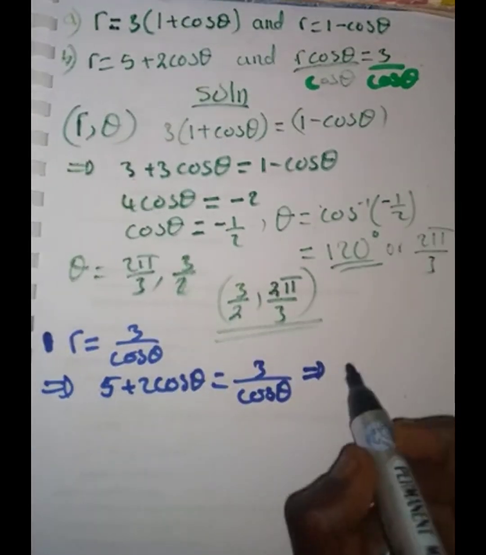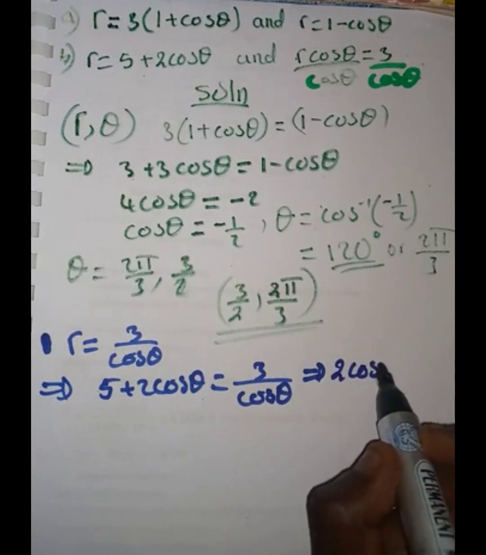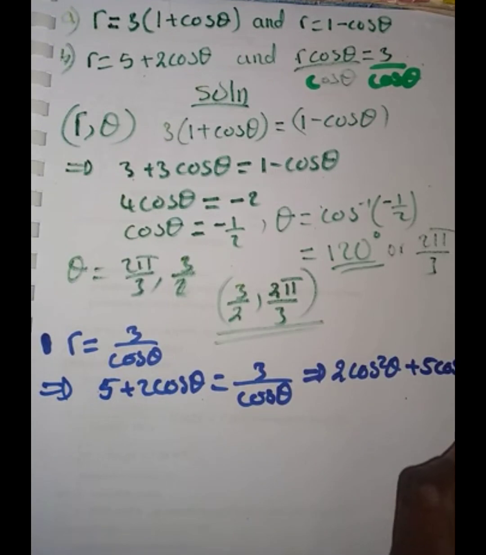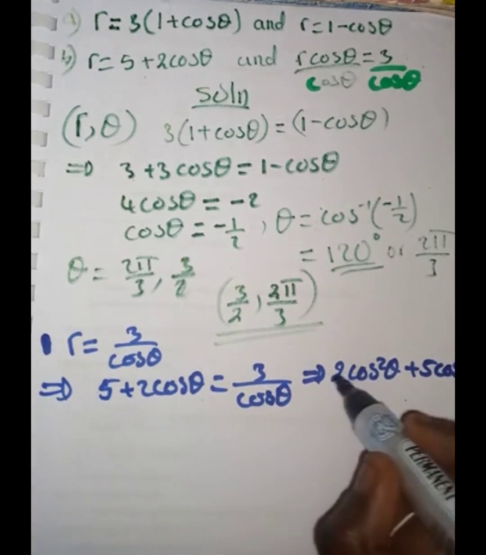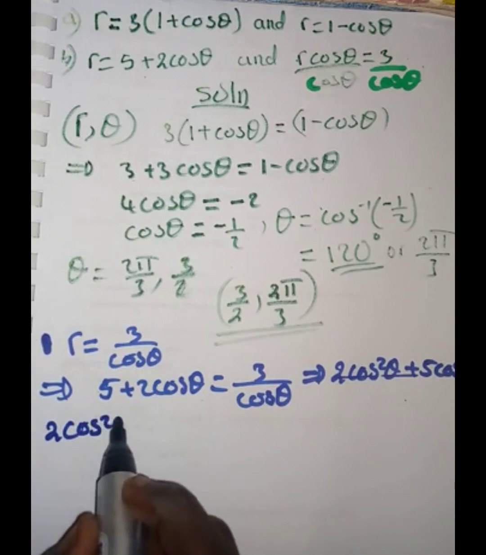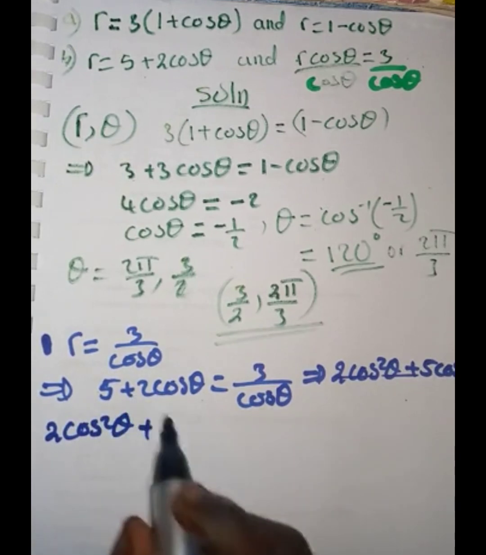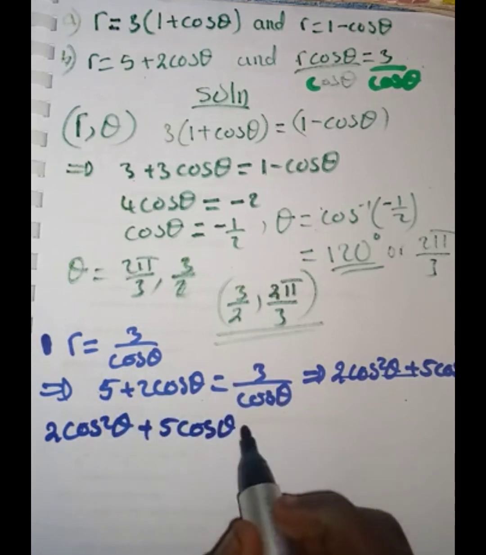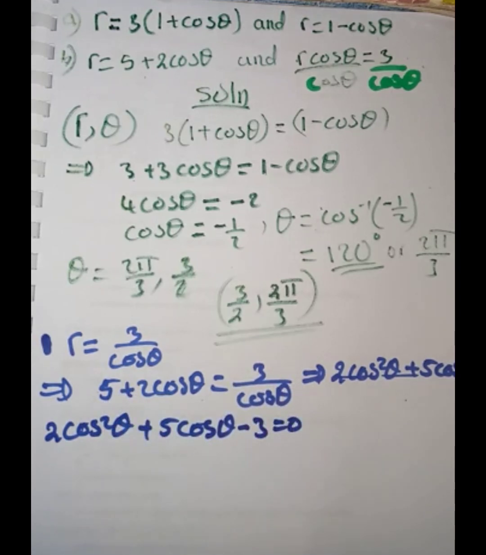We cross multiply. We are going to have 2 cos squared of theta plus 5 cos theta, bring the 3 inside, minus 3, that has to give us 0.